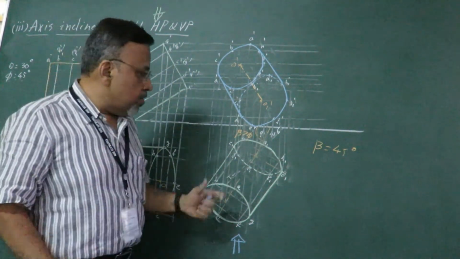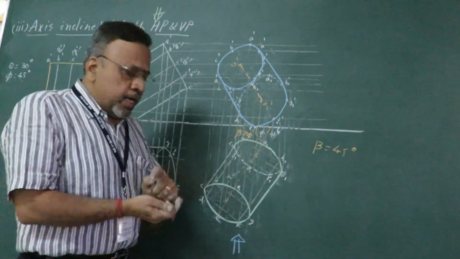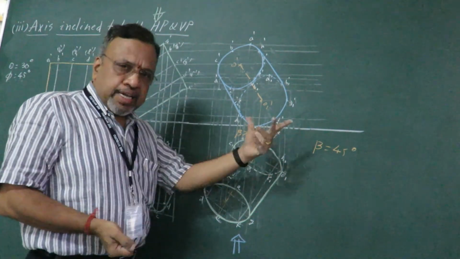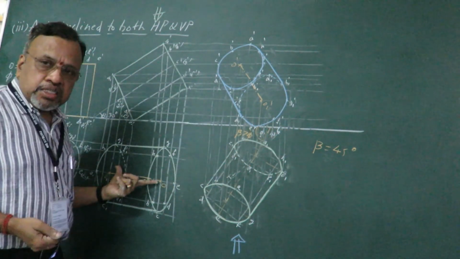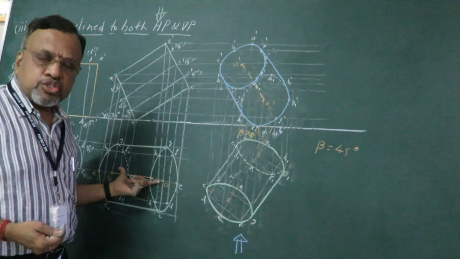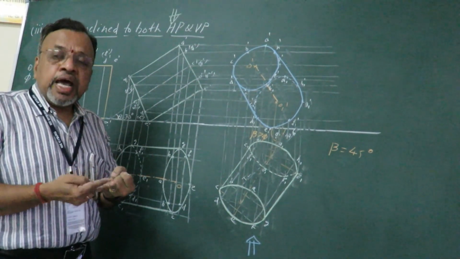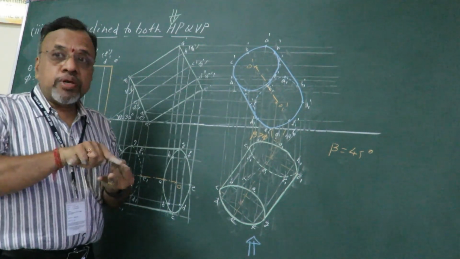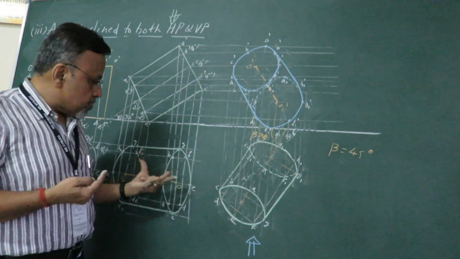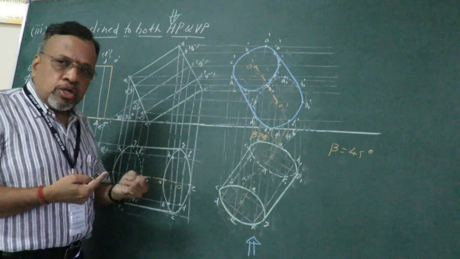So you should be careful while doing this problem. And in the problem statement, either I can say the top view of the axis is inclined at 45 degrees to VP. That is one type of statement. Another statement I can also say is that the axis appears to be inclined at 45 degrees to VP.